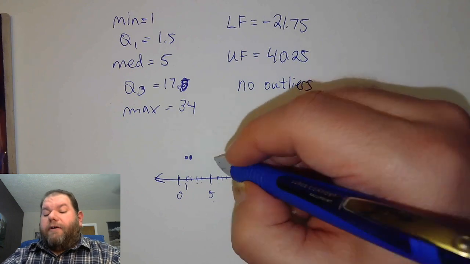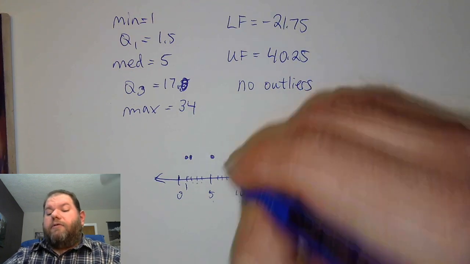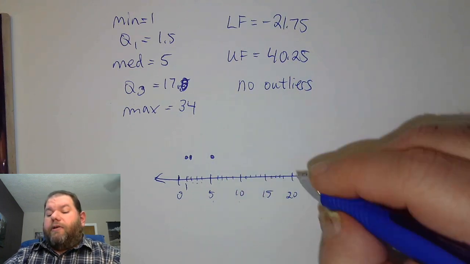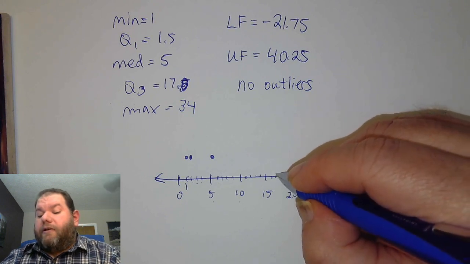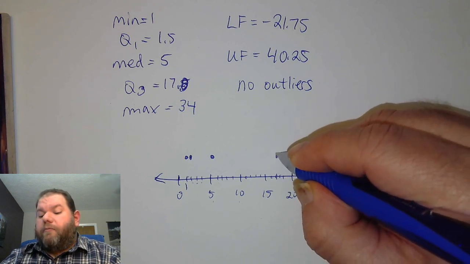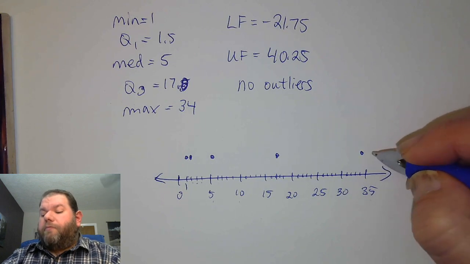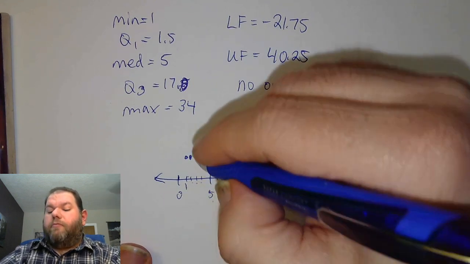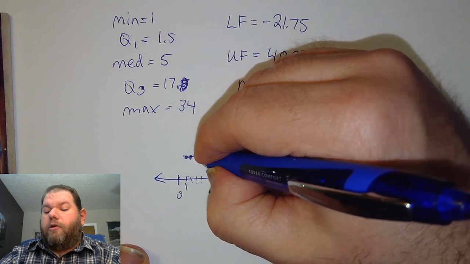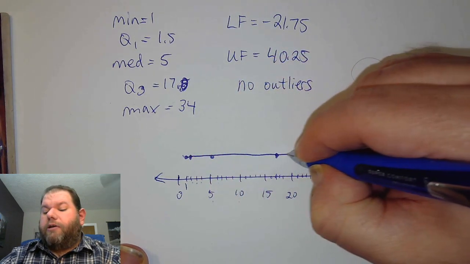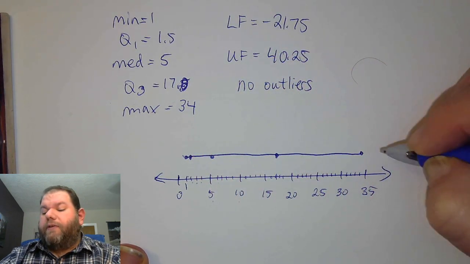Median is at 5. Q3 is at 17. And the maximum is at 34. So draw a line connecting these 5 points.